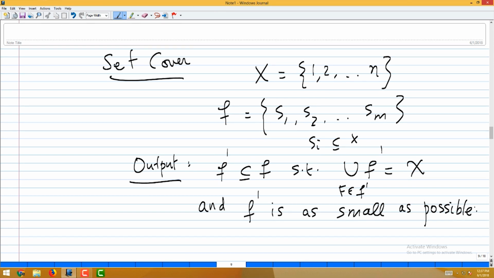We saw the greedy algorithm does not give you the optimum, it gives you some log n times optimum at most, but now I want to find the exact optimum, right. We are looking at exact algorithms.